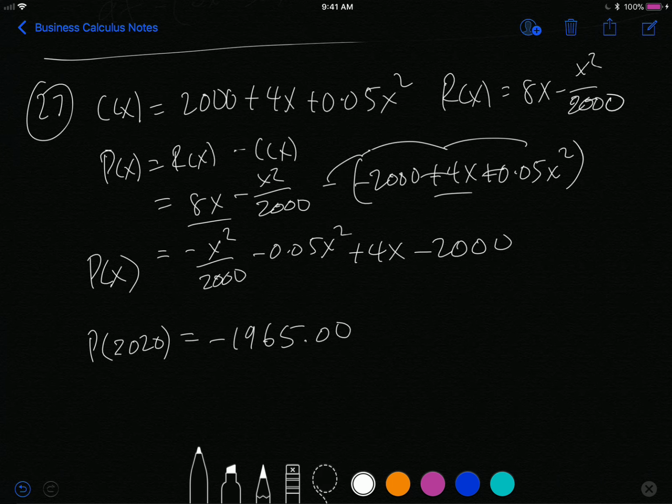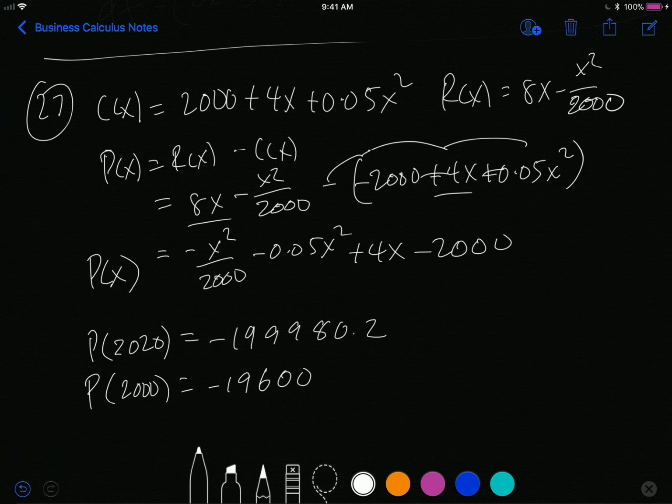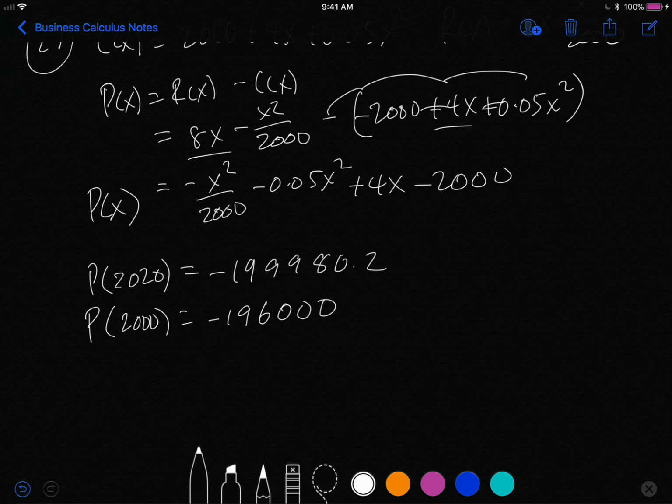Yeah, so that answer is not correct. It is 19,980.2, and then P of 2,000 is negative 19,600, and then you just have to subtract those two answers.